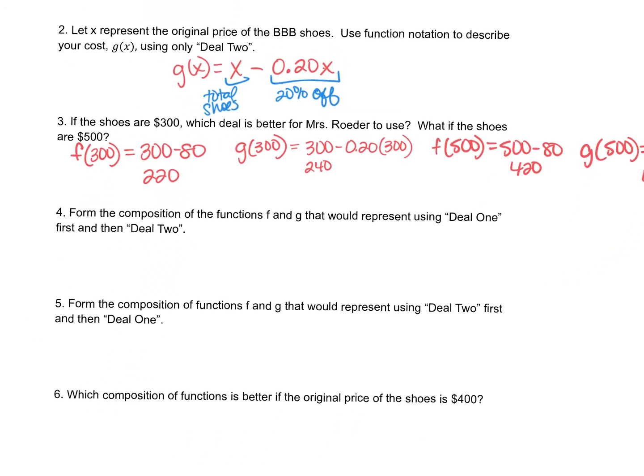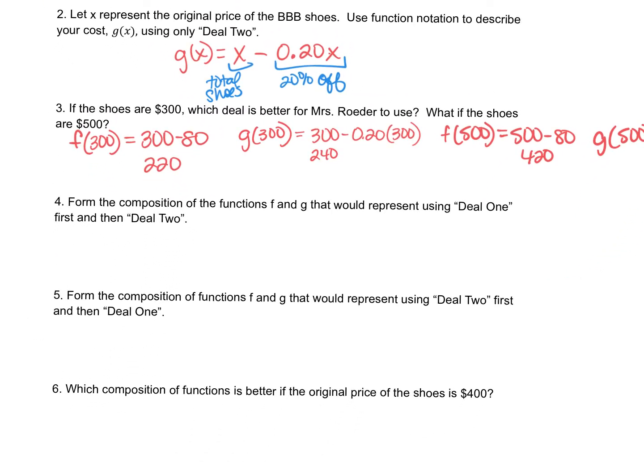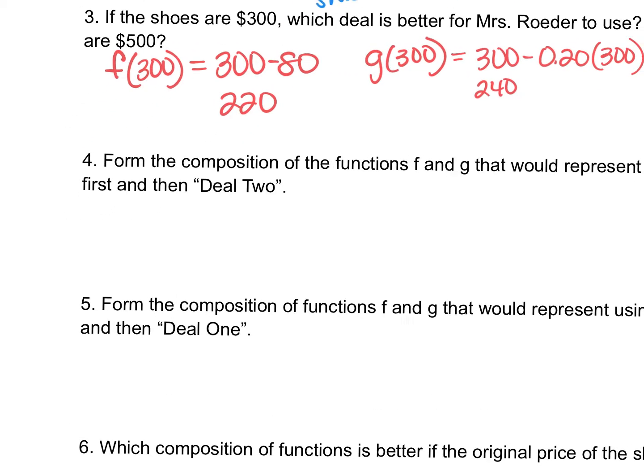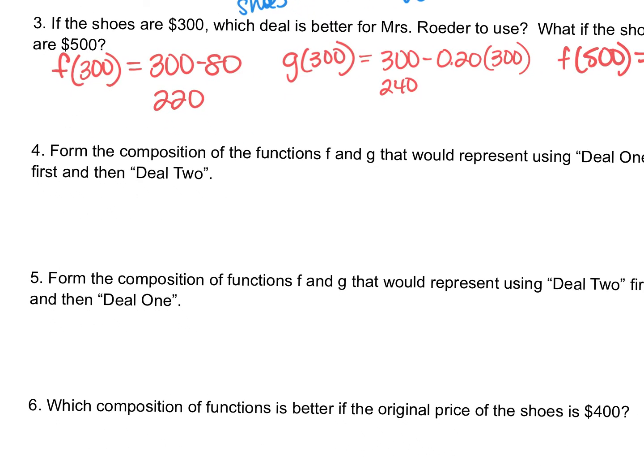All right, so let's go on to number 4. Form the composition of the functions F and G that would represent using deal 1 first and then deal 2. If you remember, whenever you do composition of functions, they work backwards. The second thing plugs into the first thing.